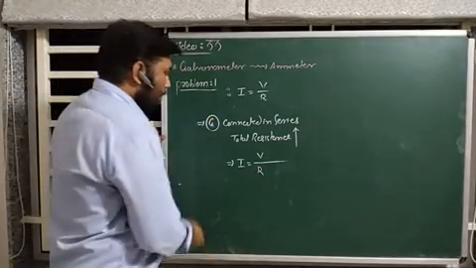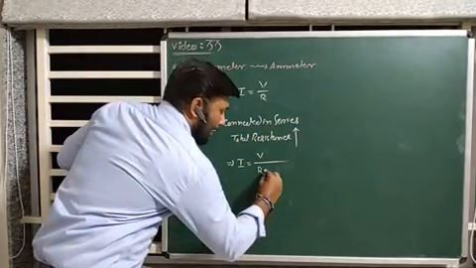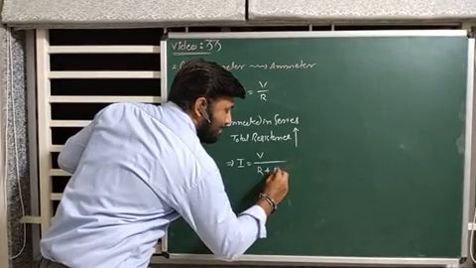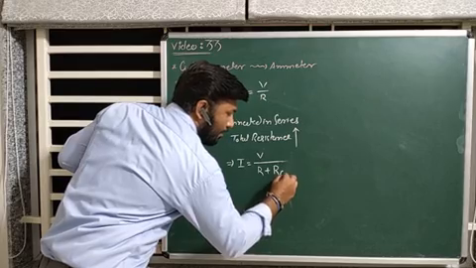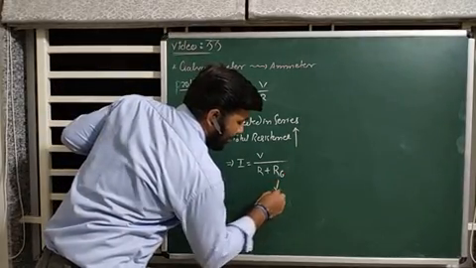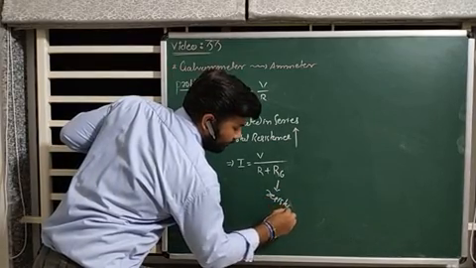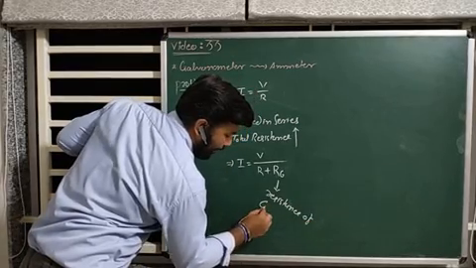But when the galvanometer is connected in series, one more resistance is added, that is known as Rg. What is Rg? This Rg is nothing but the resistance of the galvanometer.